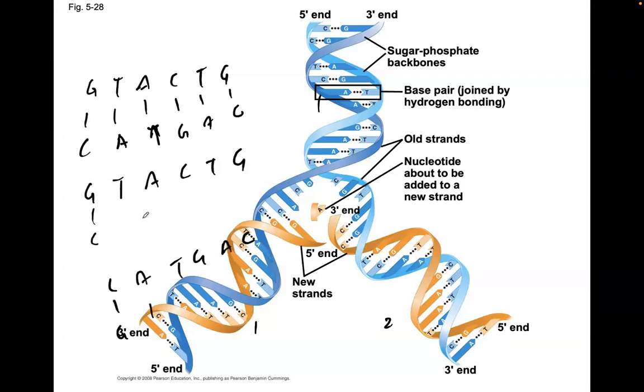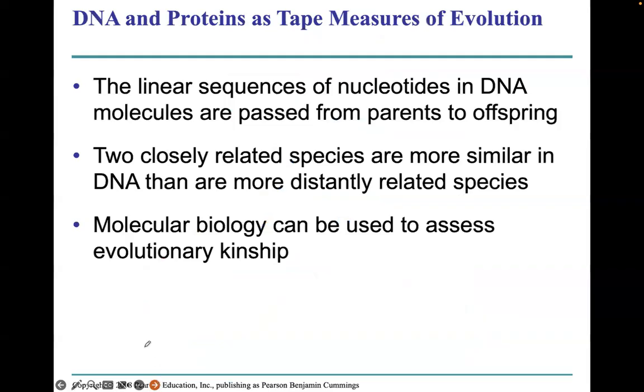So this is exactly what happens when the cell divides. During cell division, one DNA molecule grows to become two DNAs. DNA and proteins are yardsticks of evolution.